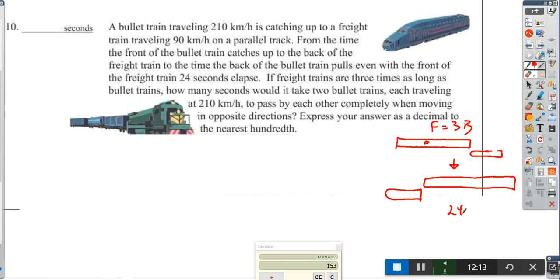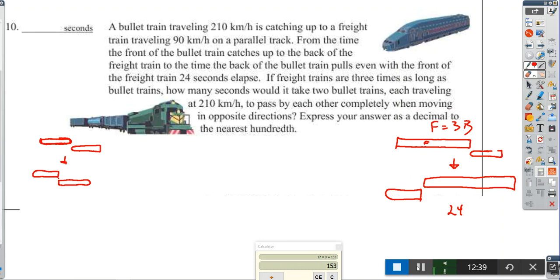So our question is, how long will it take for 2 bullet trains to go from this situation, no, it doesn't look like a bullet, but whatever, to this situation, where they have fully passed each other. And so that's what we're going to have to figure out.